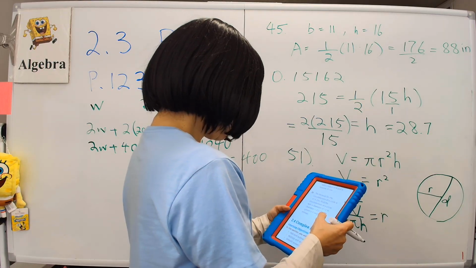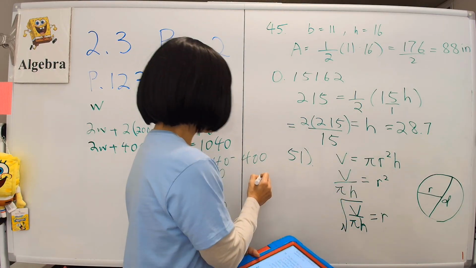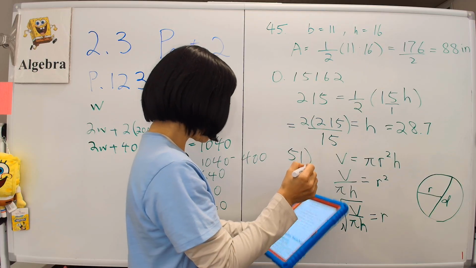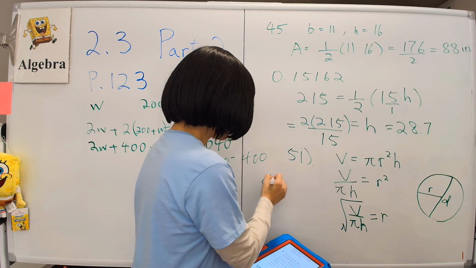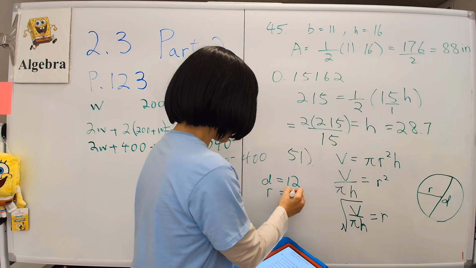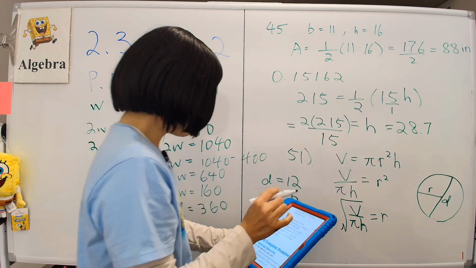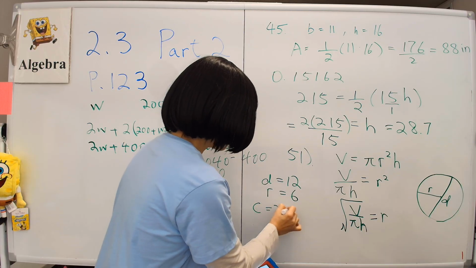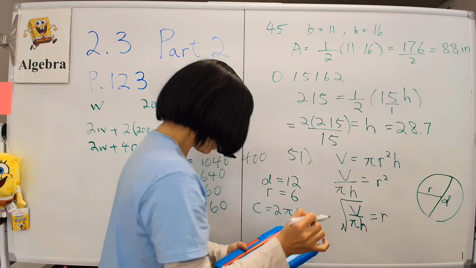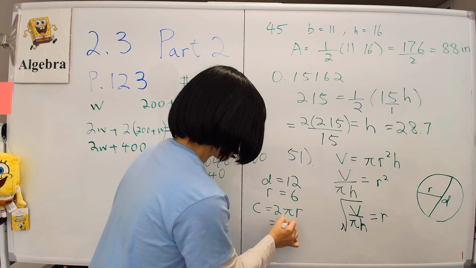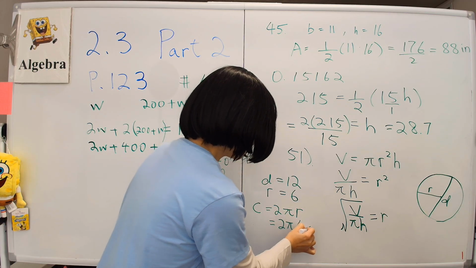So we are trying to calculate the circumference where the diameter equals 12 inches. So d equals 12, which means r equals 6, half of 12. Therefore the circumference, which is 2 pi r, equals 2 pi times 6, which is equal to 12 pi.